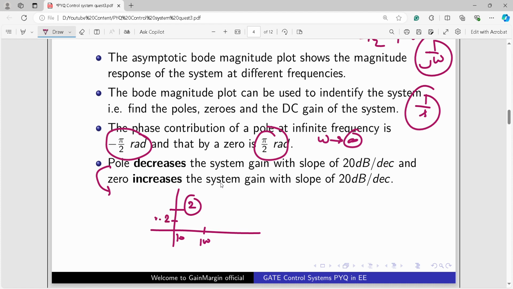So the gain decreases to 0.2. What is the slope for this? As we know, in the Bode plot the x-axis is log omega and the y-axis is 20 log magnitude. So to find the slope we can apply this formula.